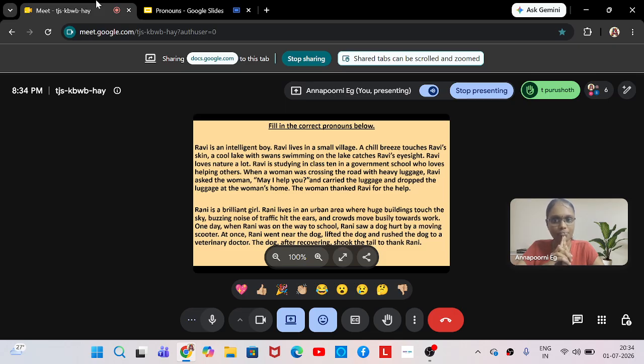When a woman was crossing the road with heavy luggage, he asked the woman, "May I help you?" and carried the luggage and dropped the luggage at the woman's home. The woman thanked Ravi for the help.